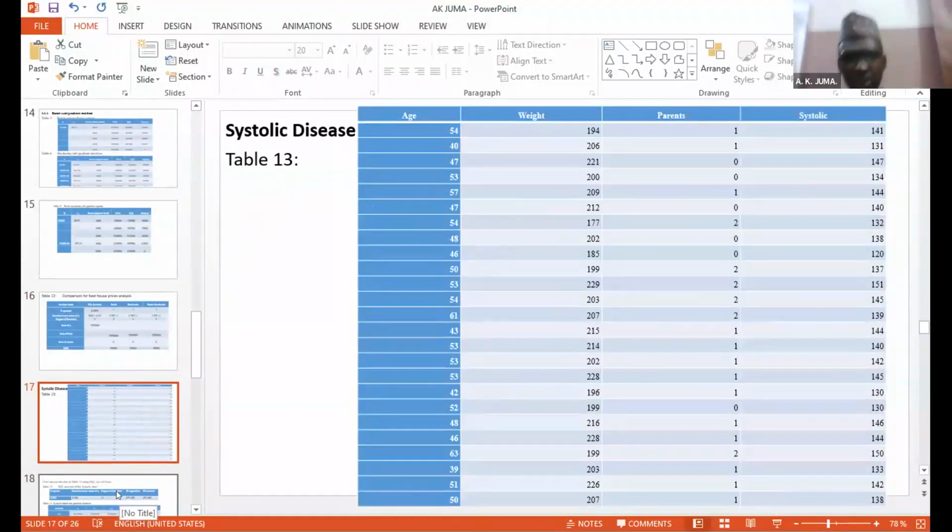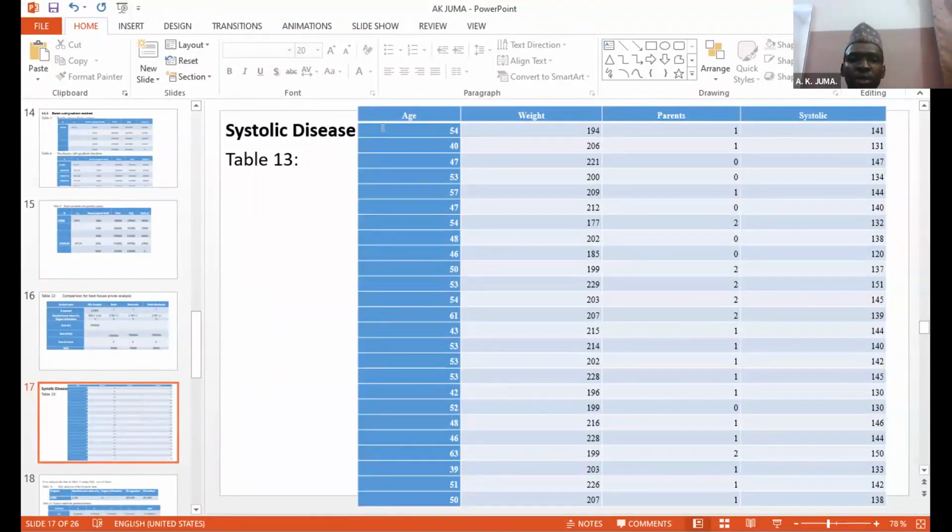So we inputted some testing data again. We say, let's call the first column age, the second column weight, and the third column parent, while the last column is the intensity of systolic disease on the infected person.